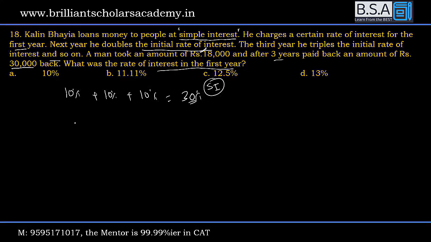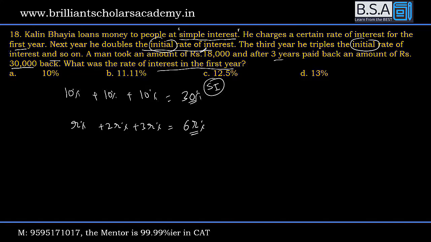He says, first year interest is R%, second year interest is double of that, third year interest is triple of the first value, triple of the initial rate, double of the initial rate, which is very critical. Initial को double triple करना है. So what is the earning? R plus 2R plus 3R, 6R% is the earning.